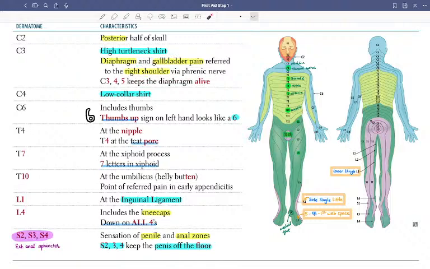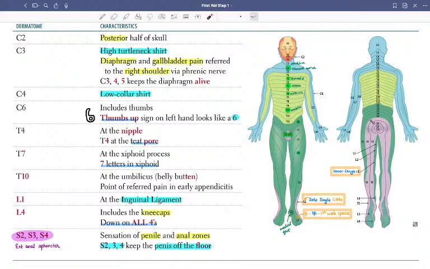At the sternal notch is C4. So C3 is the neckline, and C4 is going to be that low collar shirt.